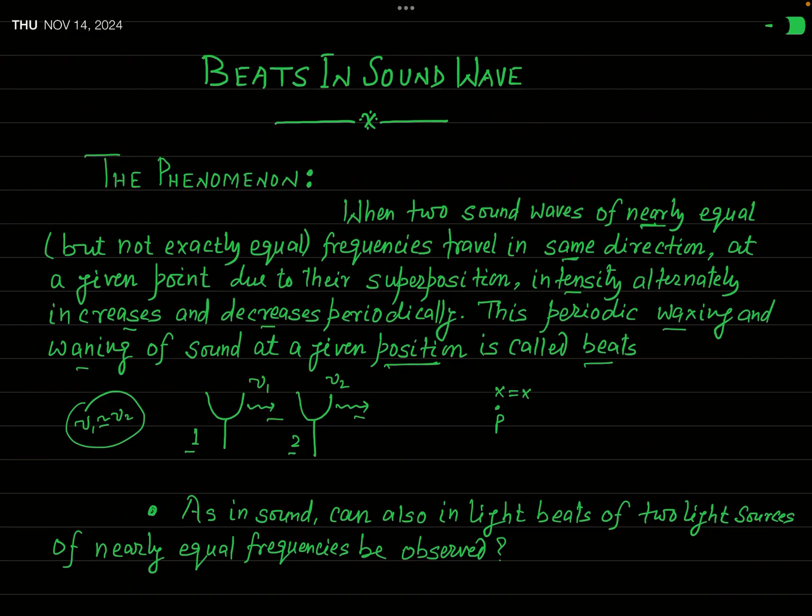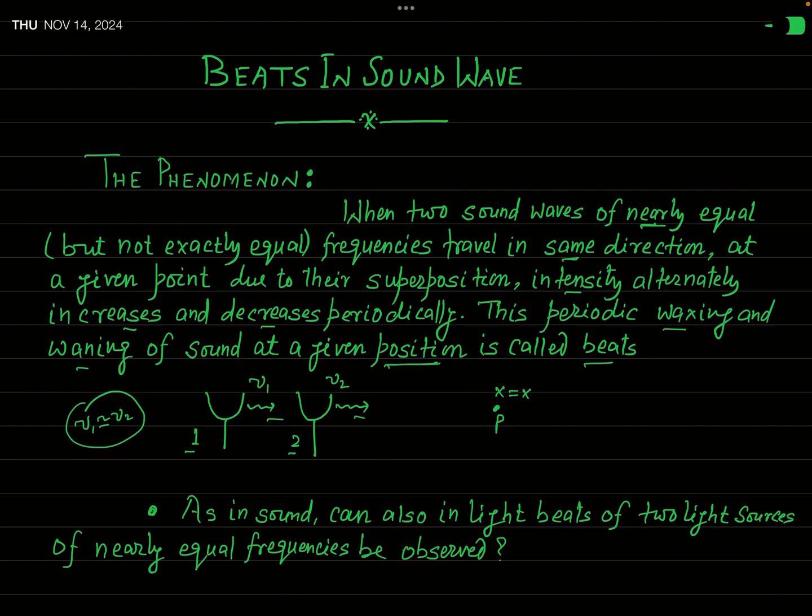It is found that at this position the intensity does not remain constant but varies in a periodic manner. After a regular interval of time, the intensity at this point P becomes maximum and minimum. This phenomenon of variation of intensity in a periodic manner is called beats.